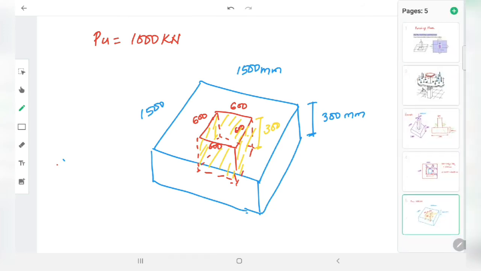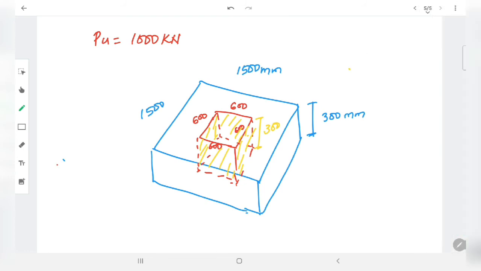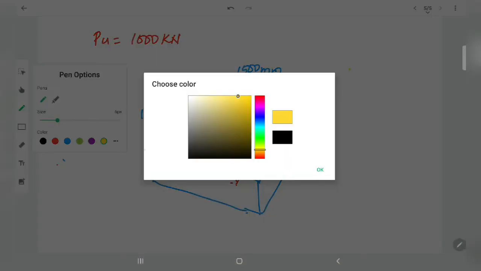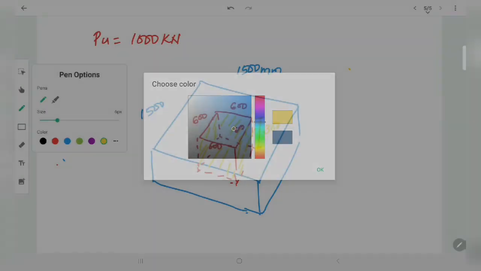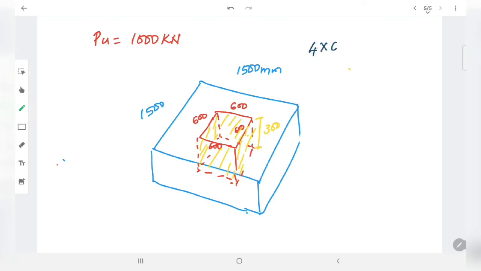That means you need to find out the shear stress. Here I'll be writing the shear stress. So here what happens? Total length is equal to how much? Length is equal to 4 into 600, that is equal to 2400 mm, and the force is acting over area.